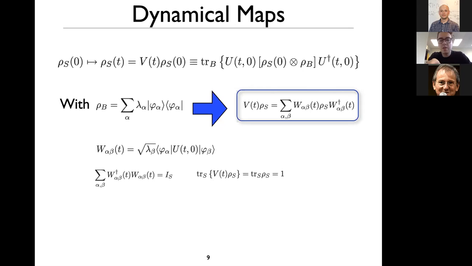Then just plugging this into the equation at the top, you can construct this so-called dynamical map acting on our open system. The dynamical map is written as V of t acting on rho S, in the way that's given in this blue box.